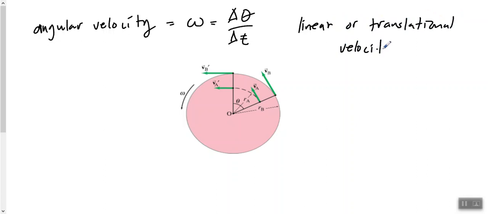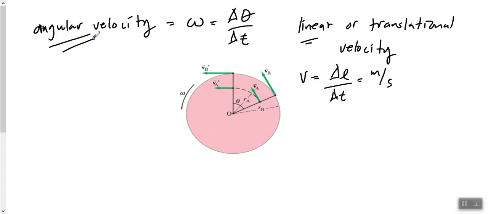These two are different. With linear, we know that the velocity is the change in length over change in time. The unit for length is meter, the unit for time is second.